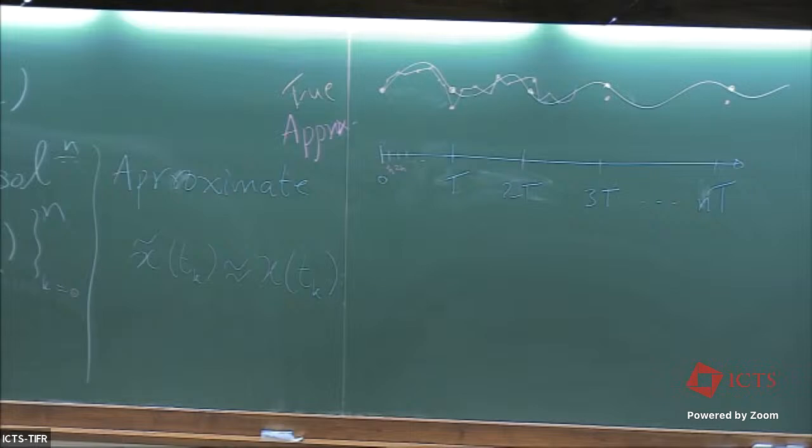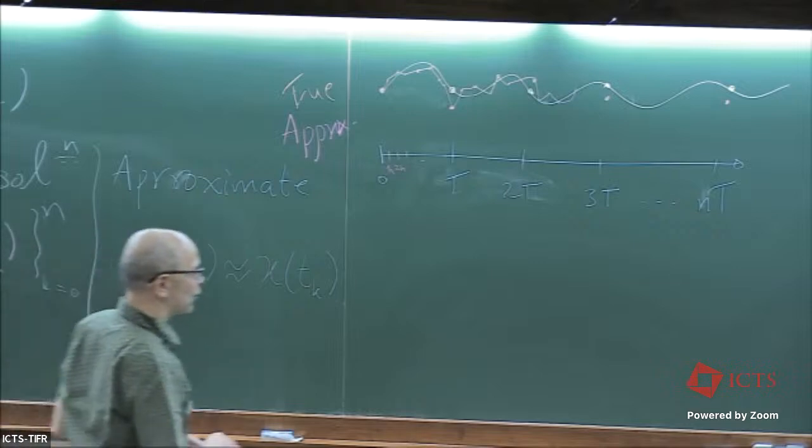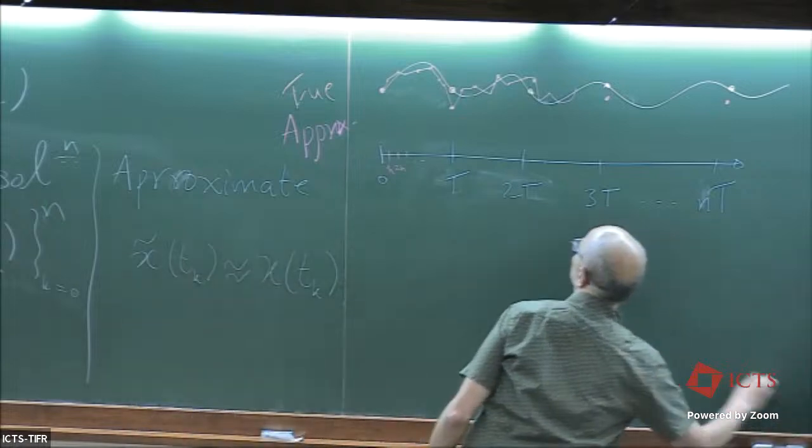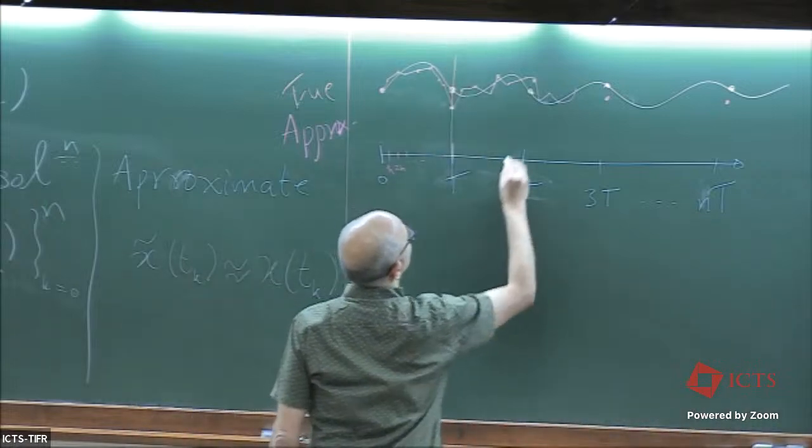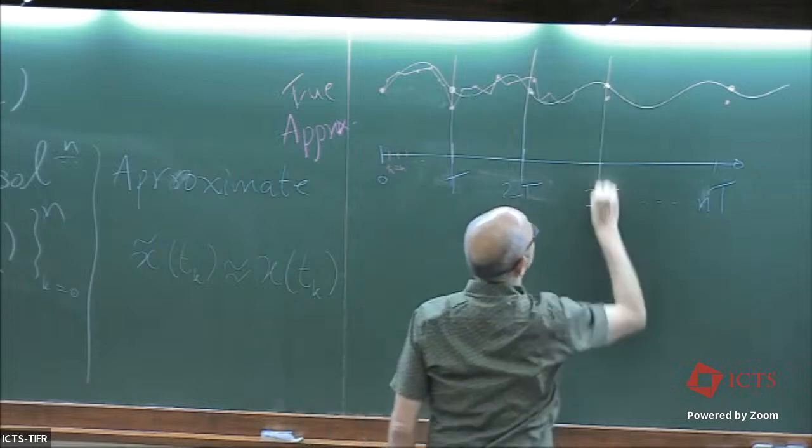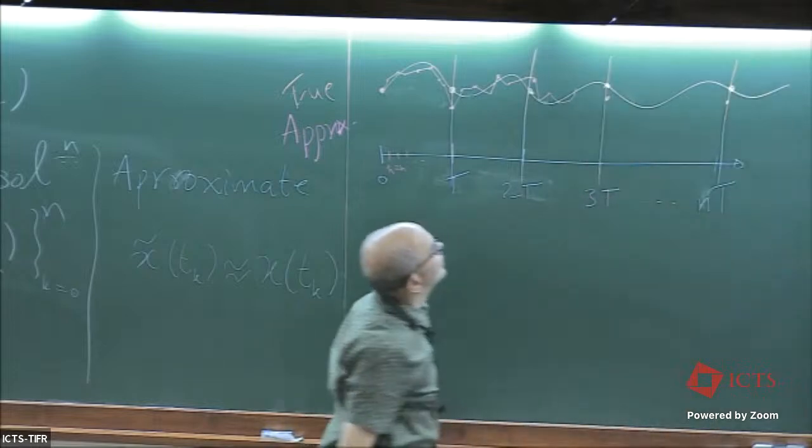So how do we check how good a numerical approximation we have in the first place? And I'm emphasizing this for a couple of reasons I'll come to in a minute. Maybe you have seen this in your courses before, maybe not, I don't know. So let's just be clear about this.